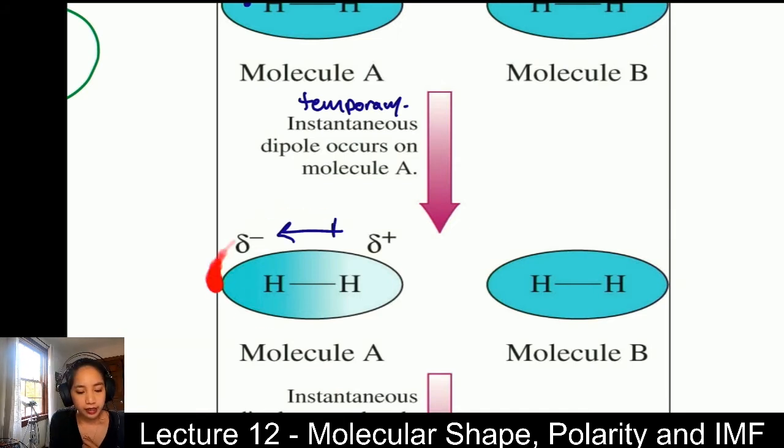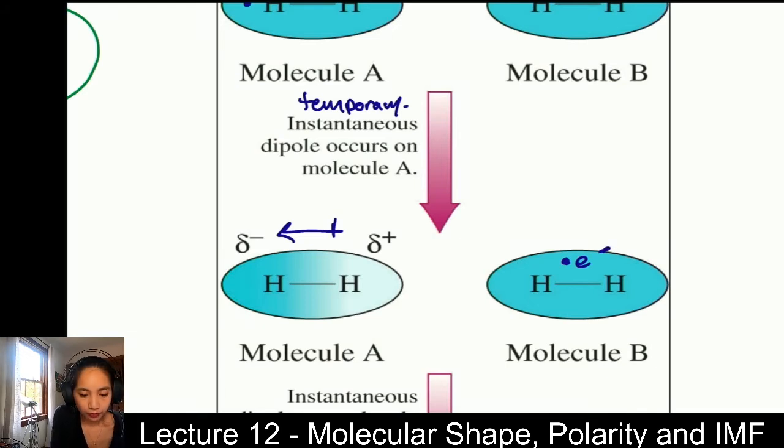So if this exists for a split second, we have this dipole arrow. You can think of these dipole arrows as magnets. Now this end of the hydrogen molecule is slightly positive. So if there's a neighboring molecule, molecule B, another hydrogen molecule in our sample, remember, electrons are negatively charged, right?